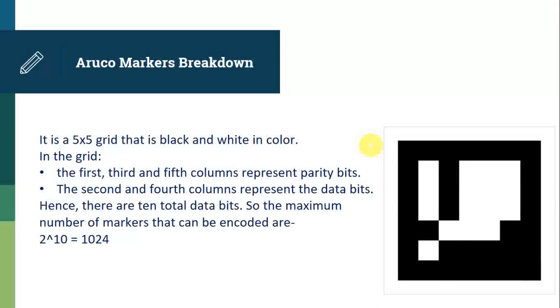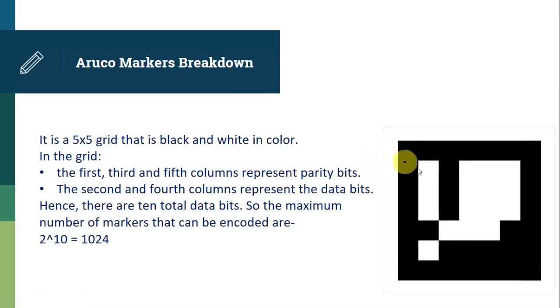So now let's break down Aruco markers. In an Aruco marker, there is a 5 cross 5 grid which contains the data, and each of these grids are represented by either black or white. If it is represented by black, then it is given a value of 0, and if it's represented by white, it's given a value of 1.